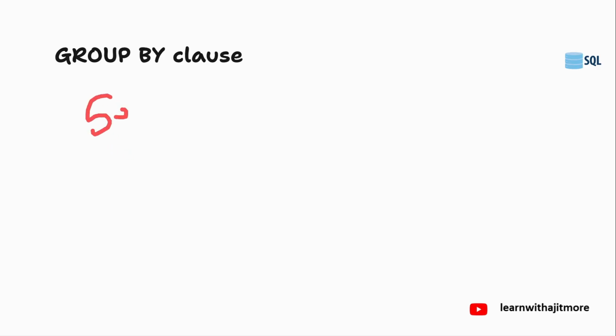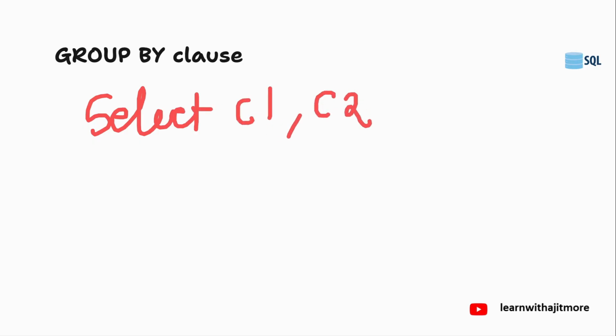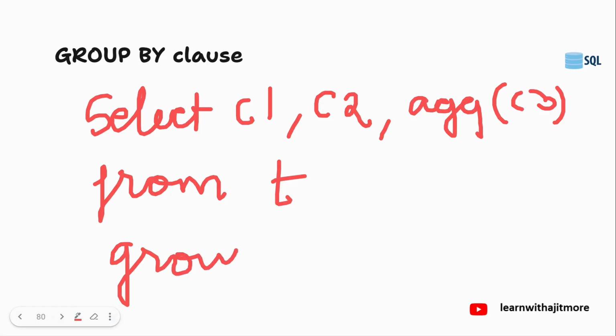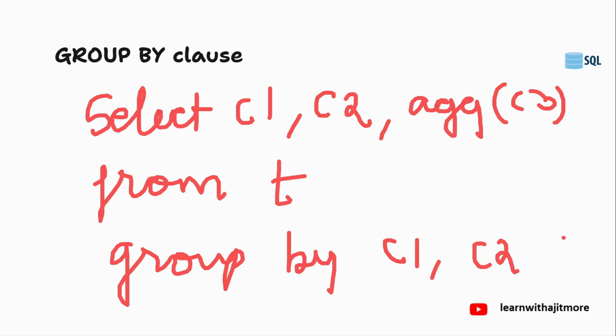Select first column 1 you will write on which the main grouping, then column 2 on which the subgrouping, and then the aggregate function on any column, कोई भी कॉलम जिस पे एग्रीगेट लगाना, जैसे C1 is department, C2 is city, and C3 is salary, like that. From table, and then when you'll write group by, you have to mention both the columns. First grouping on column 1, and then subgrouping on column 2.